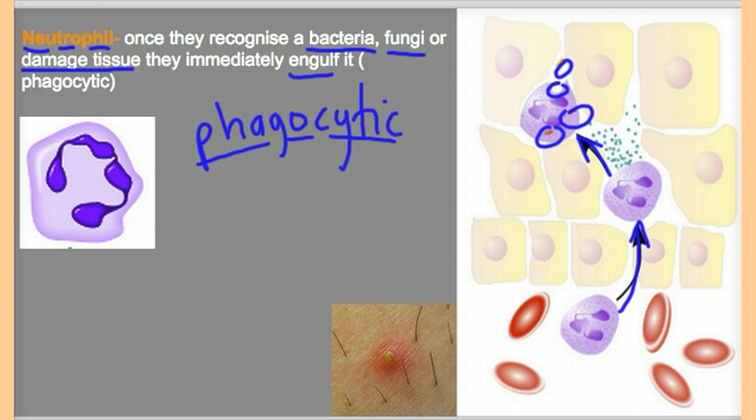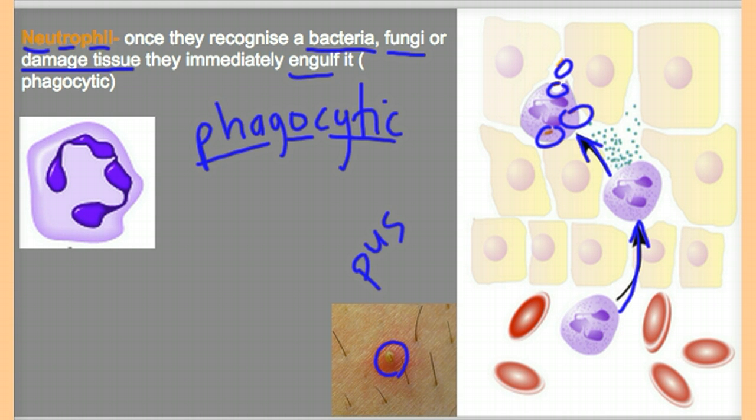All right? Again, a neutrophil is known as a phagocytic type of white blood cell because it engulfs or eats the bacteria, fungi, or damaged tissue. Normally what will happen is that after they have eaten or engulfed these bacteria, fungi, or damaged tissue, they themselves will die. And when they die, they secrete what is called pus.